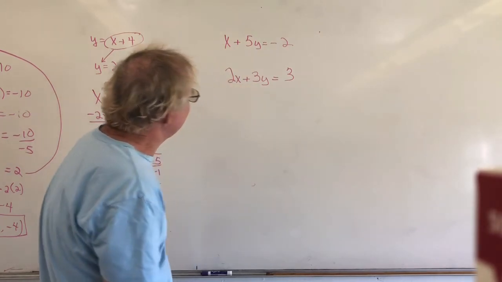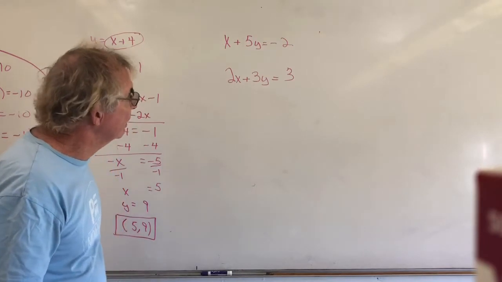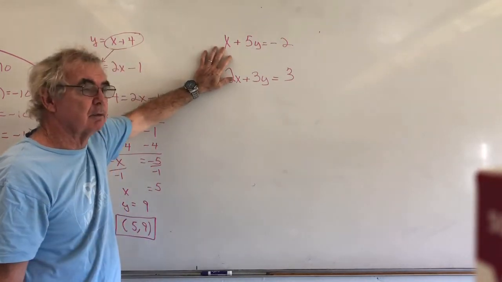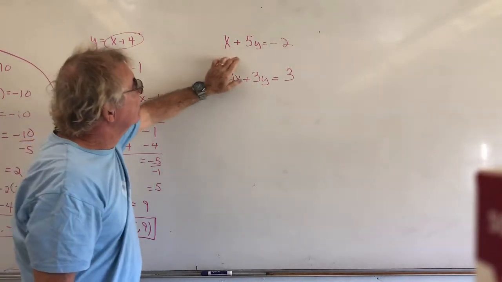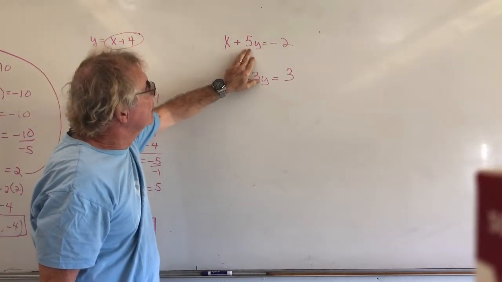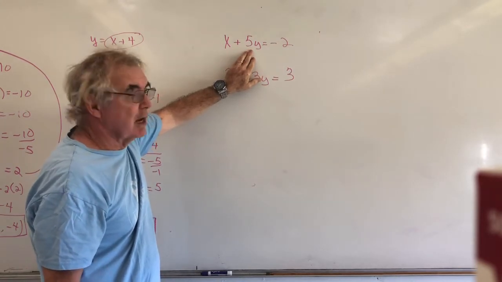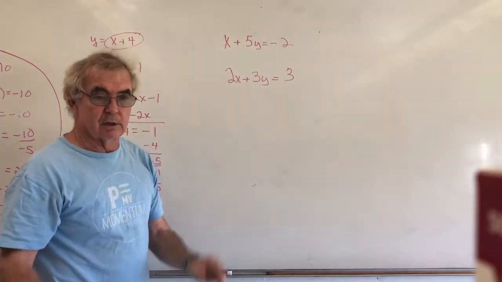If I were to ask you to solve one of these equations, solve this for x, you'd say, okay, take the 5y over. Good. If I said, solve this for y, you would say, okay, take the x over. Good, but then you would have to divide by 5, and there's your fraction.